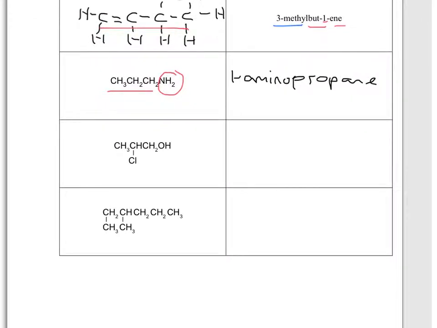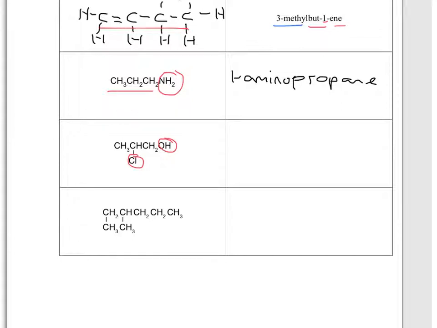Not so much with the messy writing here, but let's move on. Okay, so it gets a wee bit more difficult here because in this next case we have 2 functional groups. Again, it's a propane. We've got an OH here, hydroxy, which will cause an alcohol functional group, and we've got a chlorine, which will give us a haloalkane.